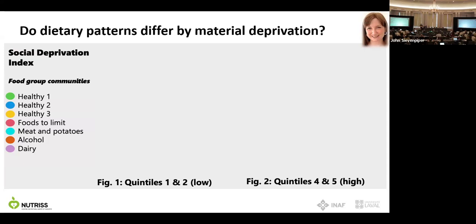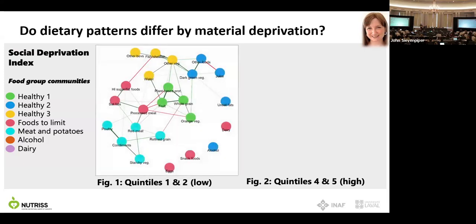And the idea is, if there are differences in the structure of how the foods are correlated or consumed together between groups, then that might inform possibly interventions in different ways, depending on how the structure of the dietary pattern appears. So in those that don't live in a material deprivation area, you have a specific pattern of a relationship between different foods.